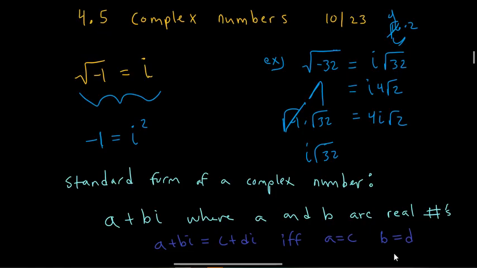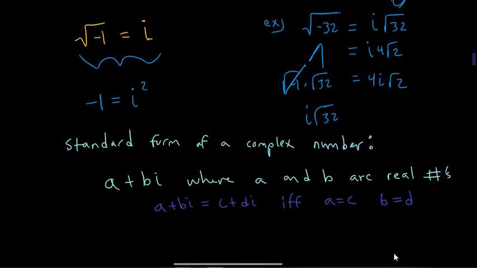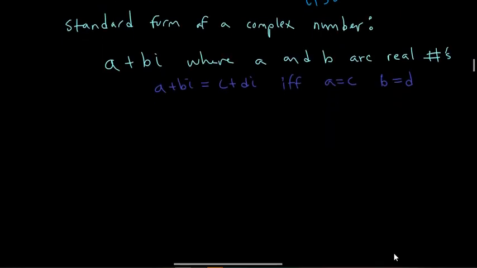A complex number is then the sum of a real number and an imaginary number.